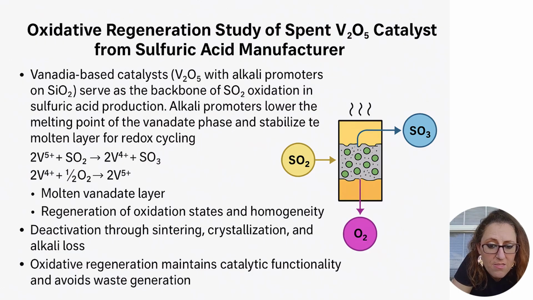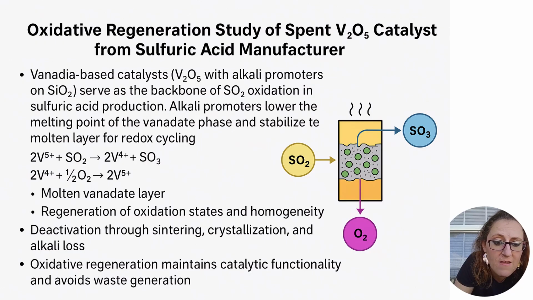Spent catalysts are P-listed hazardous waste containing toxic vanadium compounds. Traditional recovery via acid leaching, oxidation, and precipitation can reclaim vanadium, but does not restore catalytic functionality.